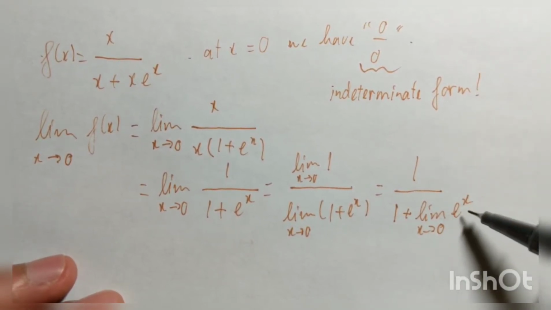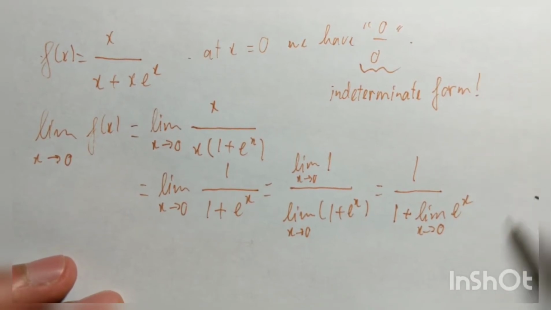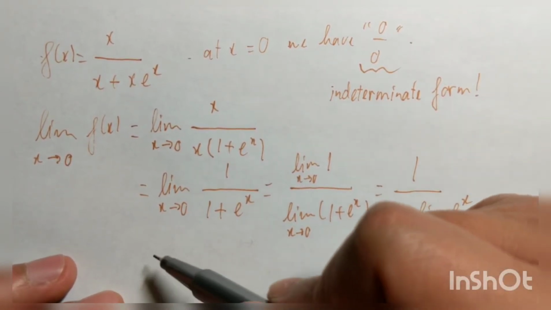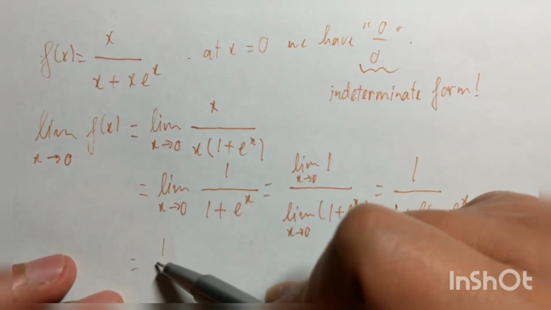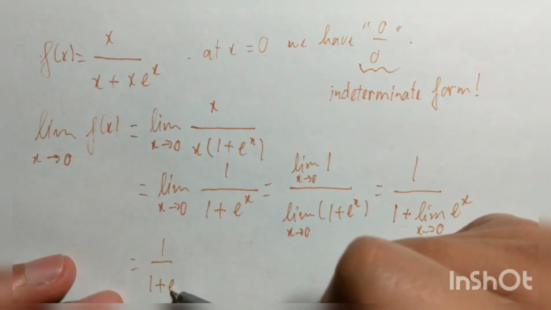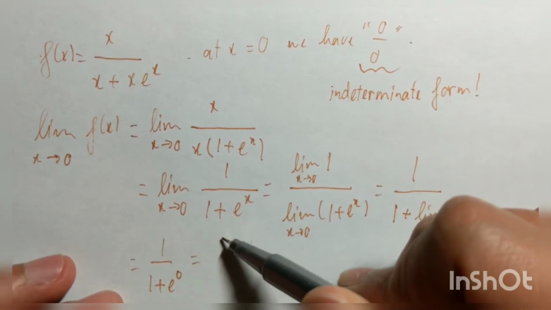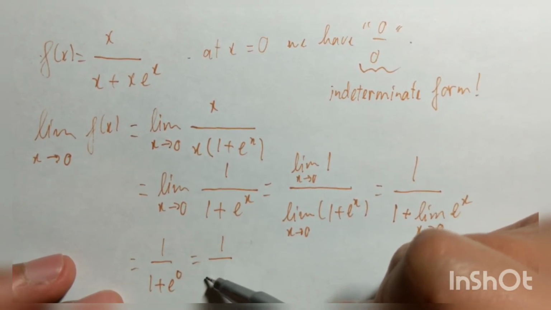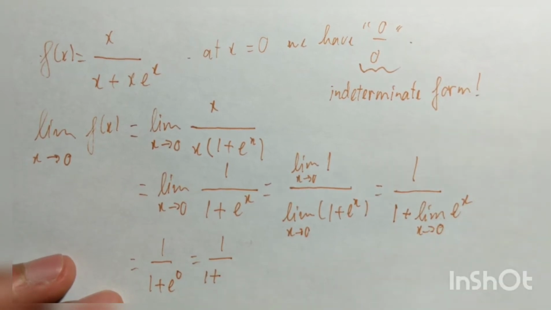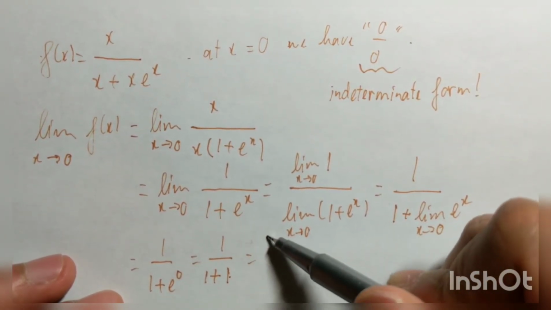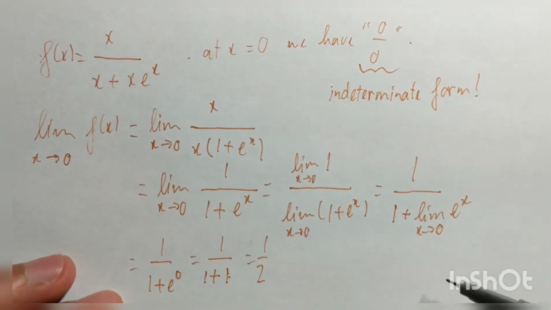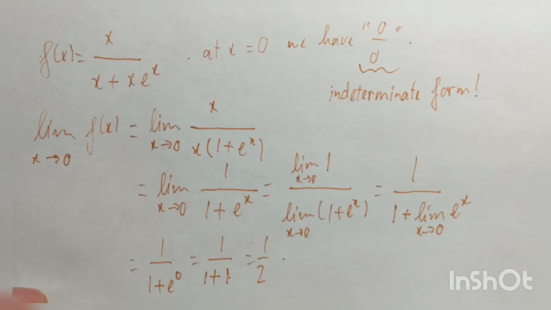And as you can see, e to the x is a continuous function at x equals 0. So we can certainly plug in 0 and end up with 1 divided by 1 plus e to the 0. Now, what is e to the 0? Well, e to the 0 is exactly 1. So we have 1/2. And that is the end of this problem.